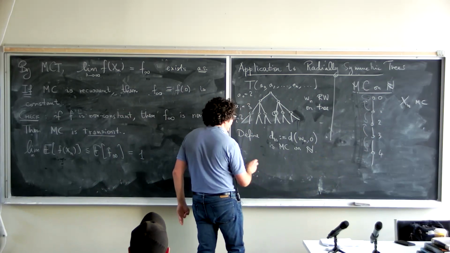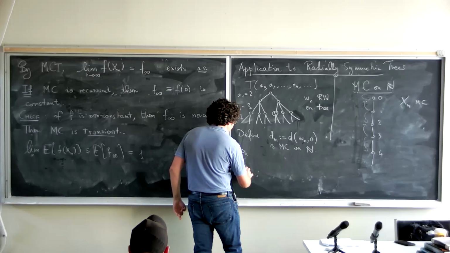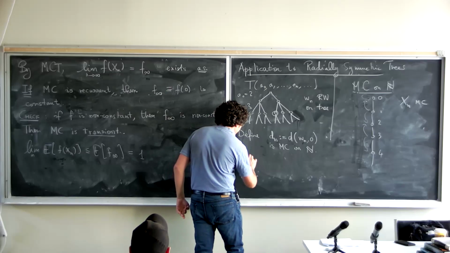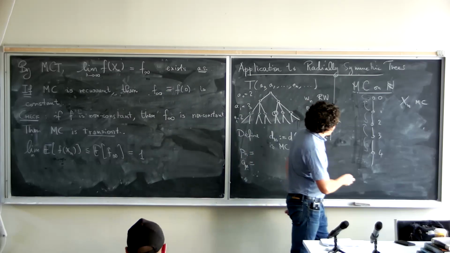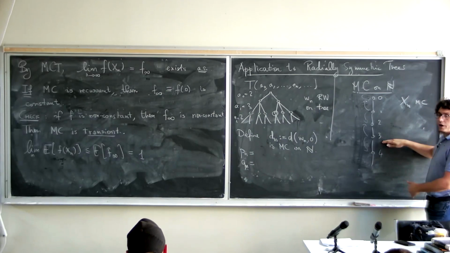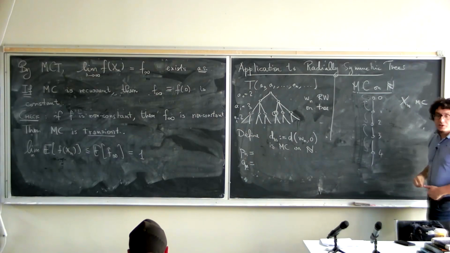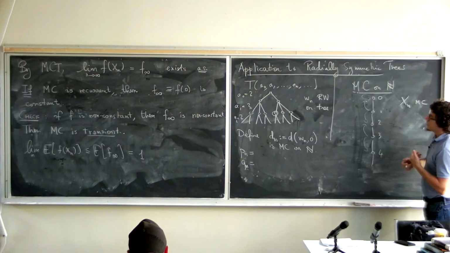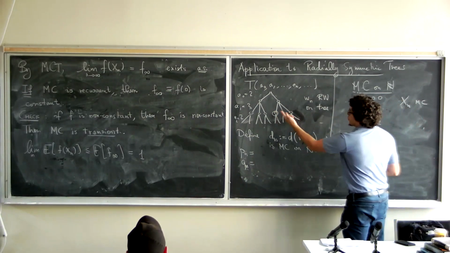And so we need to check whether there are solutions. So what is Pn and Qn? Well, if you remember in the previous model, Pn is the probability of going forward, and Qn is the probability of going backward, right? So you see how many children there are.